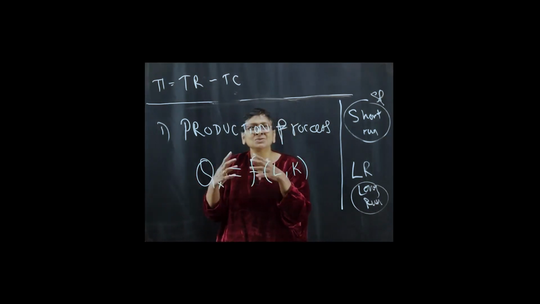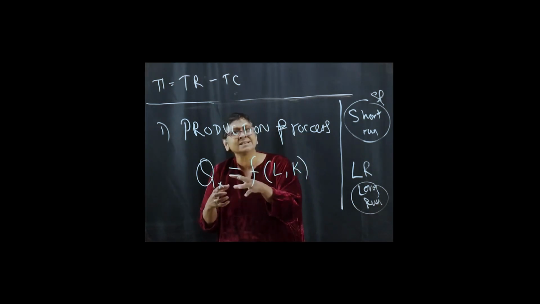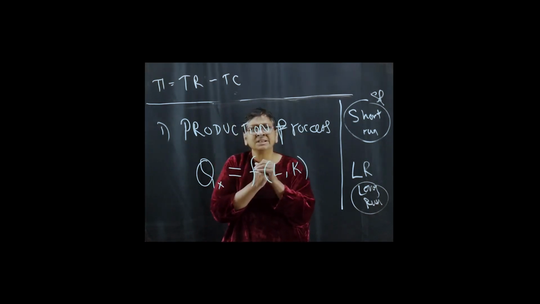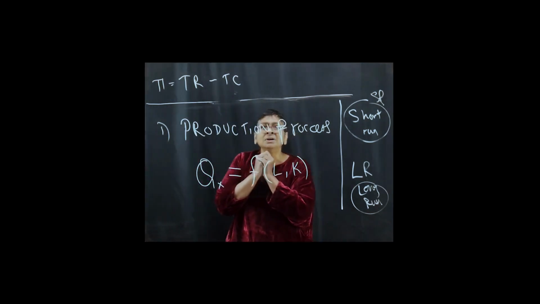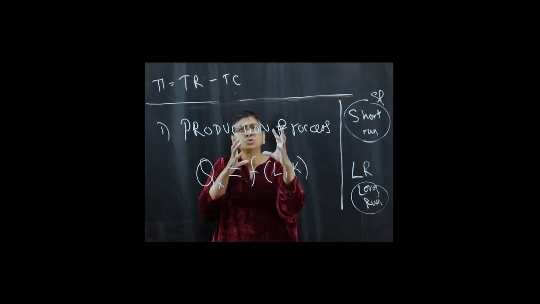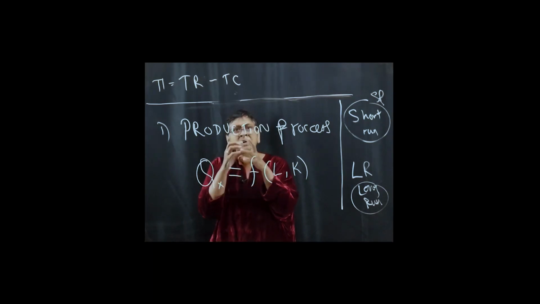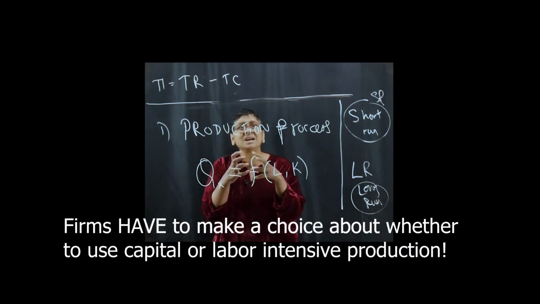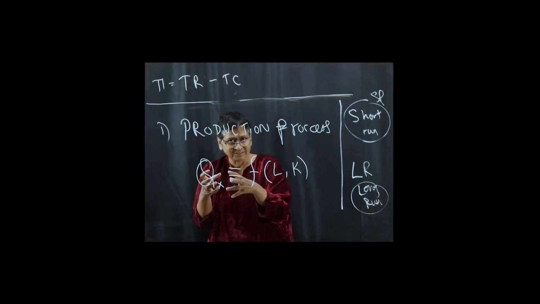So in that case, what happens is that you start producing the boats much less capital intensive, more labor intensive, skilled labor, smaller workshops and so on. And so you begin to realize this choice of technique, which is what it is called. Firms make a choice of technique. And they have to make a choice about whether they're going to use capital intensive or labor intensive.